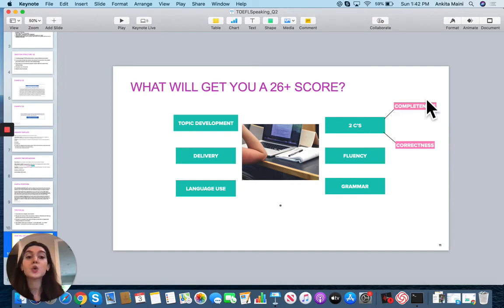So make sure that you give all the reasons in completeness that the man or the woman gives. Then the correctness. Of course, the reasons that you're giving, they need to be correct, right? You cannot comprehend wrong information and then expect that you're going to get a 26. So that's your topic development for question number 2. 2 C's. Make sure you completely give your reasons and correctly give your reasons.